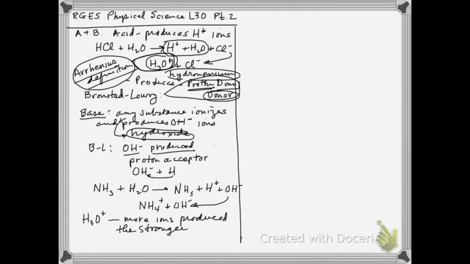So the less ions produced, these H3O, these hydronium ions, the less ions that are produced means it's a weaker acid. So the strength of the acid depends on how many of these ions are produced when the acid ionizes in water.